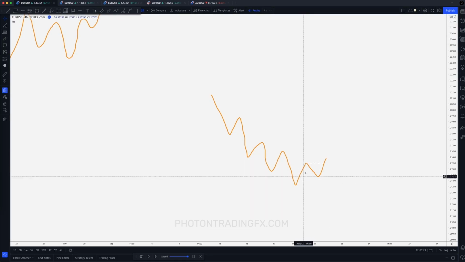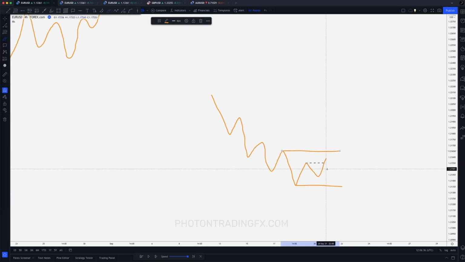It needs to take out the low for it to be a high that I am interested in. So currently the internal structure is still bearish because this was the last internal break. This is the current low and this is the current high. Price can do anything it wants in here, but until this high goes, the internal structure is still bearish.